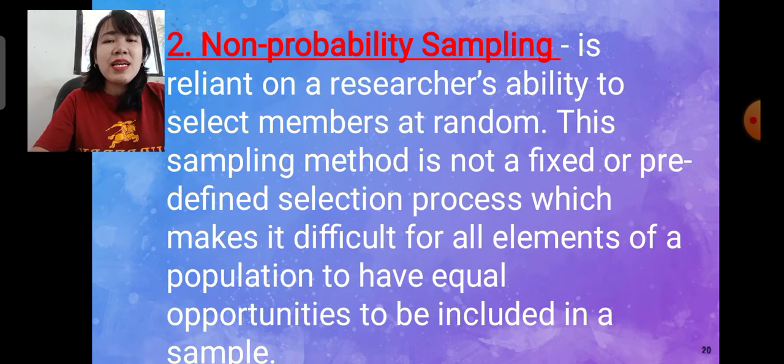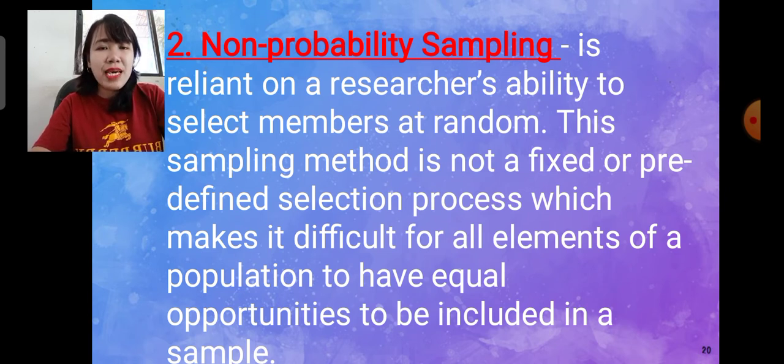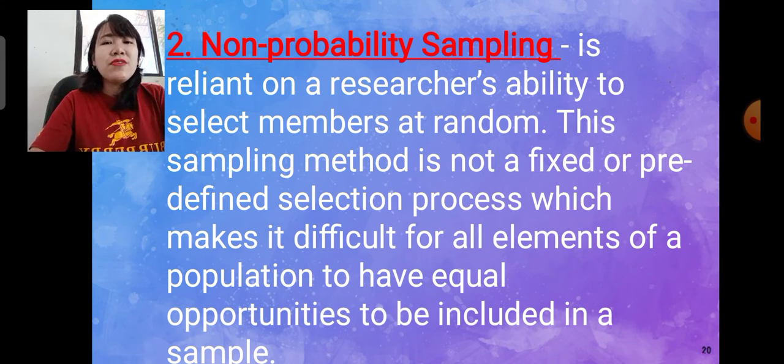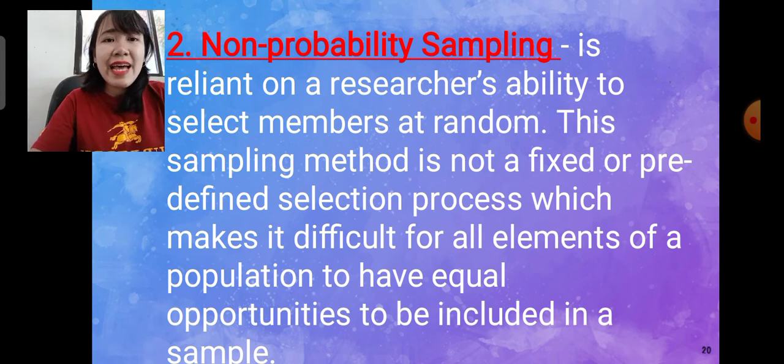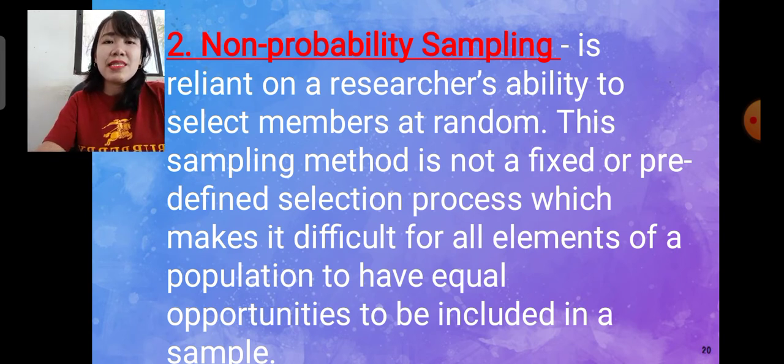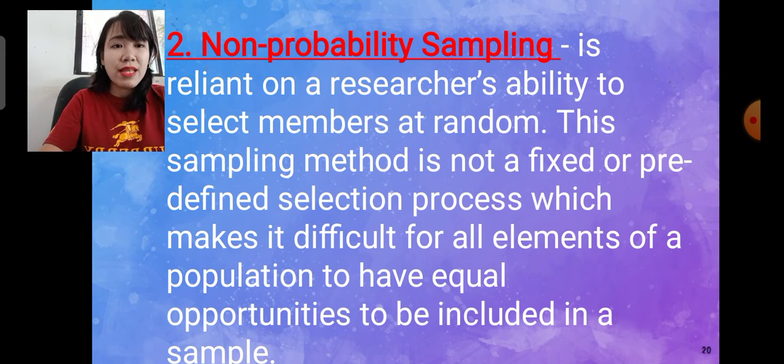Okay? So, the second one is the non-probability sampling. First is the probability, then the second type of sampling is the non-probability. So, is reliant on a researcher's ability to select members at random.